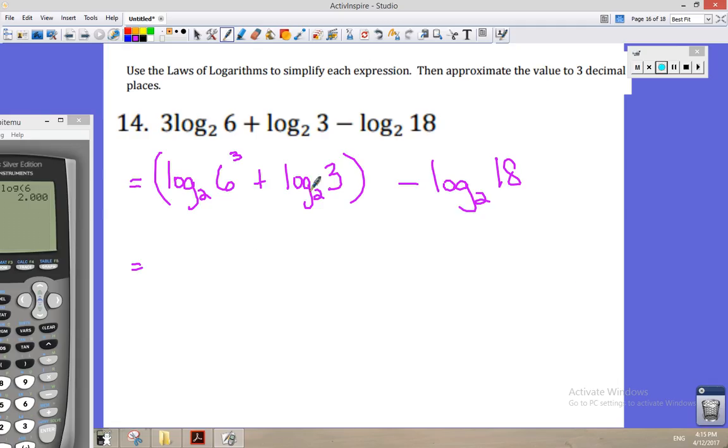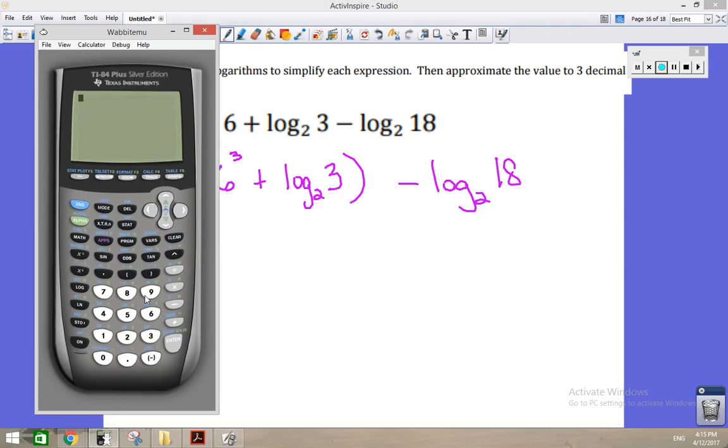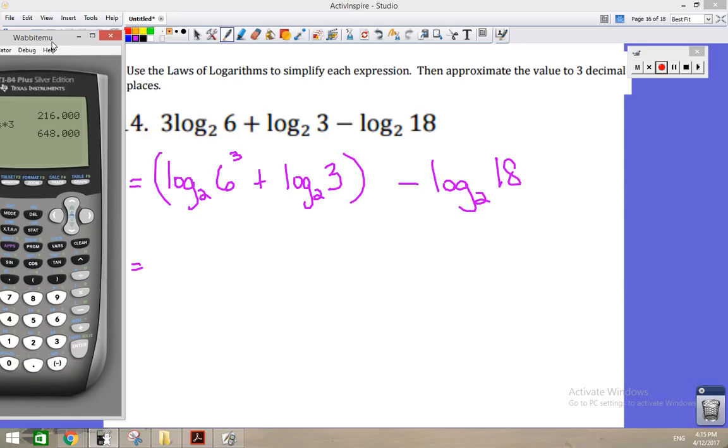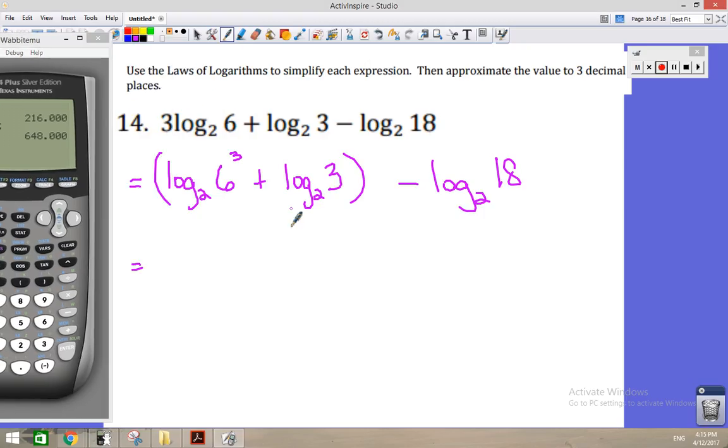So here, 6 to the 3rd, I think, is 216. 6 raised to the 3rd power. And we're going to multiply that by 3. So 648. So these two logs can be written as a single logarithm, log base 2 of 648, minus log base 2 of 18.